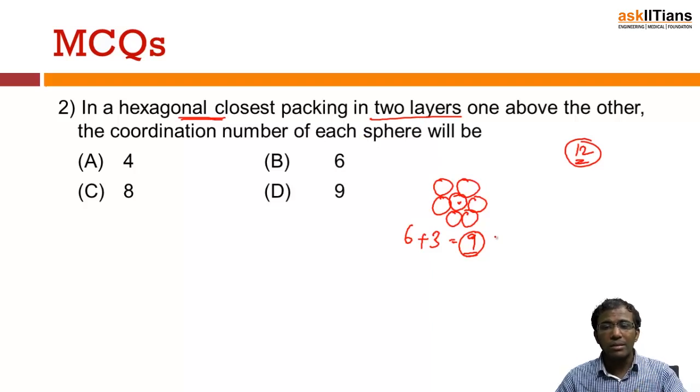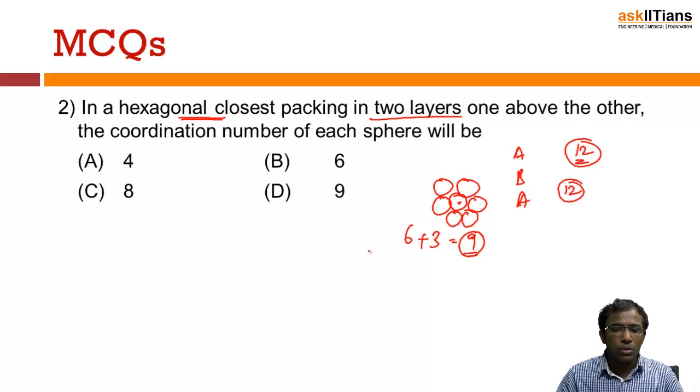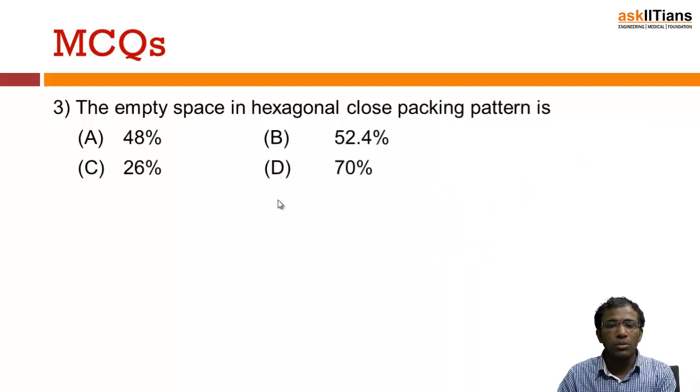But if you consider 3D, like 3 layers A, B and A, then the coordination number becomes 12, because here we consider not only the particles above the plane but also the particles below the plane. So 9 will be the answer. Let's move to the next MCQ.